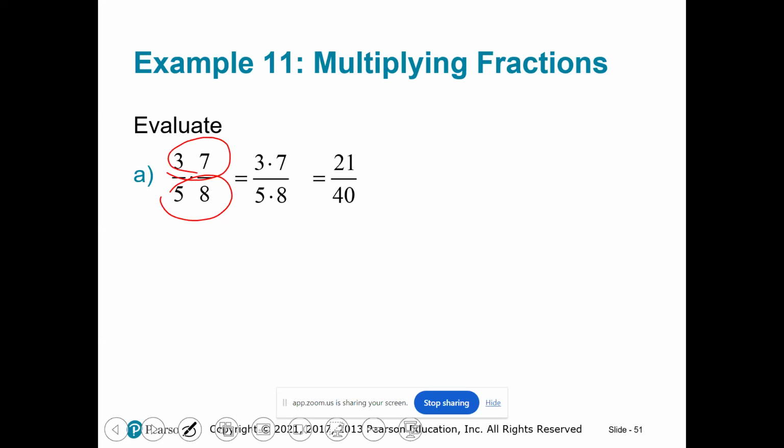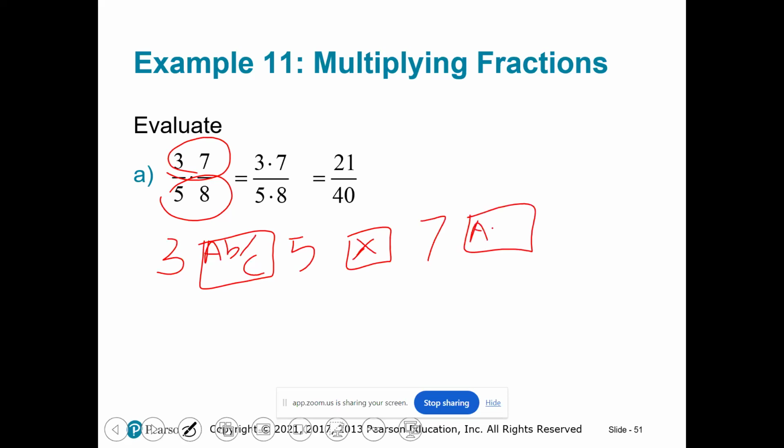But in a calculator, you would just type it in. 3 ABC 5 times 7 ABC 8. So type in each fraction, and just put whatever operation you're doing in between. If you want to multiply the fractions, you type in multiply. If you're trying to divide these two fractions, you would type your divide key in the middle. If you're trying to add these two fractions, you would hit your add key. If you're trying to subtract them, you would hit subtraction.